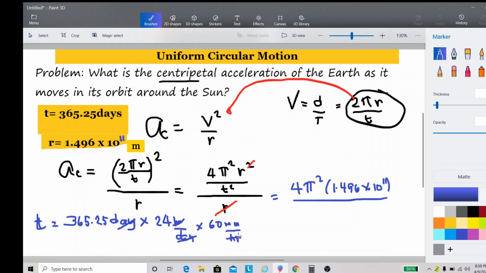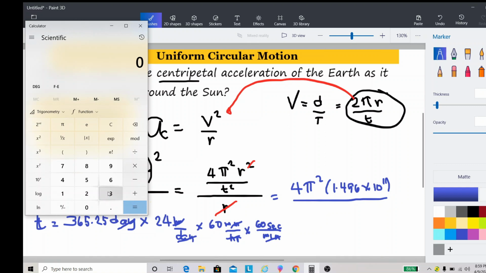Finally, we're going to multiply that again by 60 seconds per minute. So we have 365.25 multiplied by 24 hours, multiply that by 60, then multiply that by another 60 seconds.